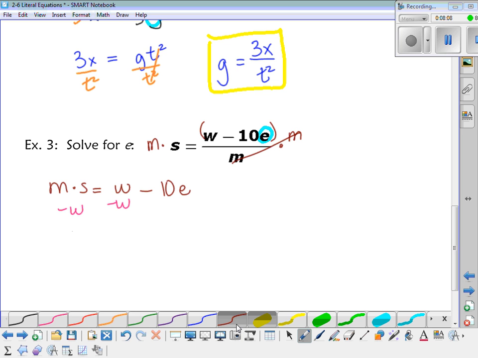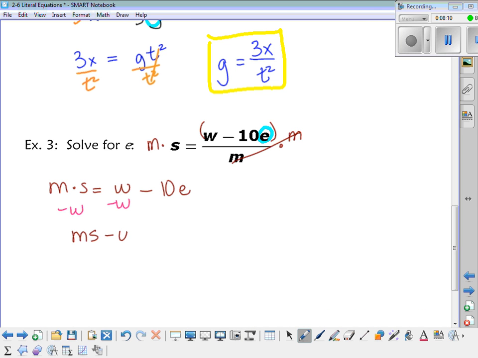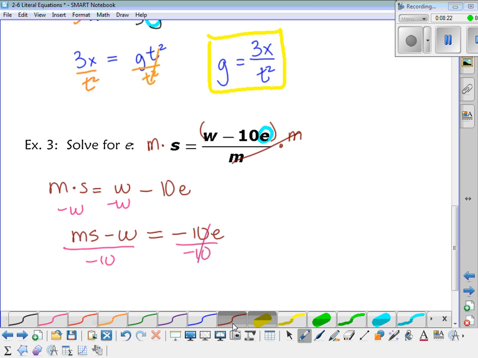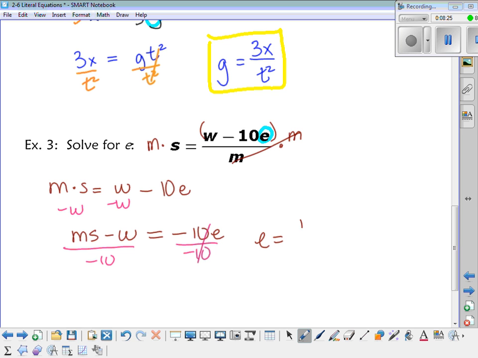Now I've got to get rid of the W, so I subtract W from both sides. Now I have MS minus W is equal to negative 10E. So I divide both sides by negative 10. And now E is alone. I've got that E is equal to MS minus W over negative 10.